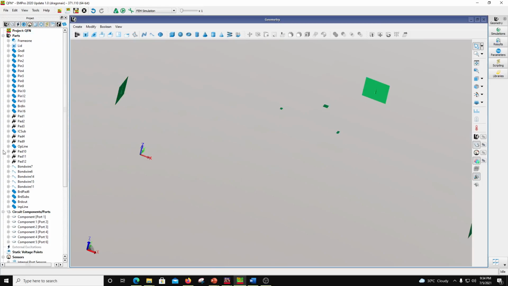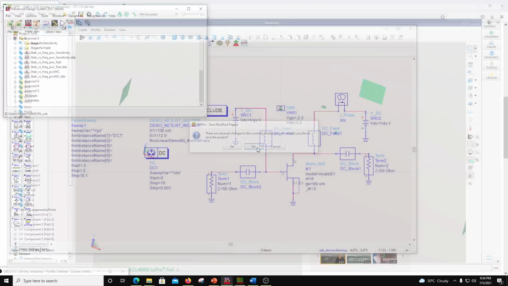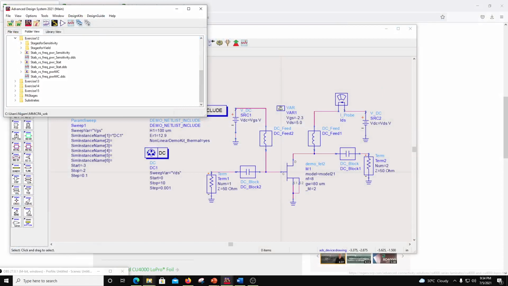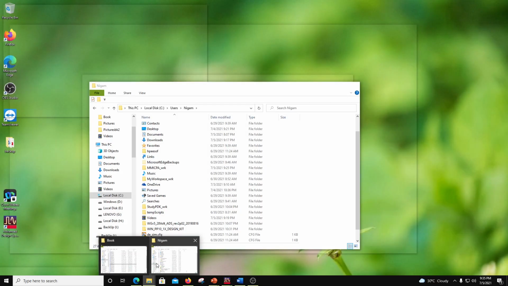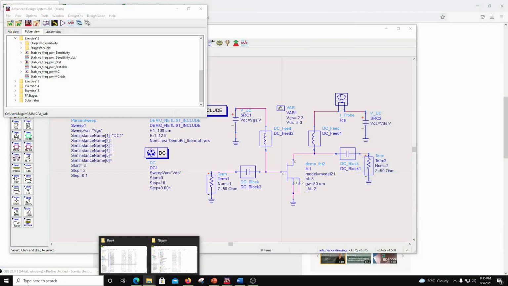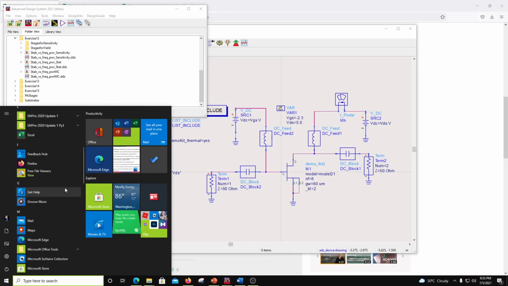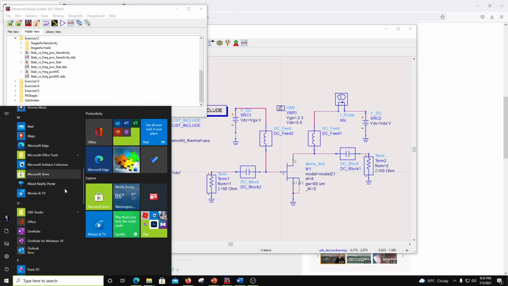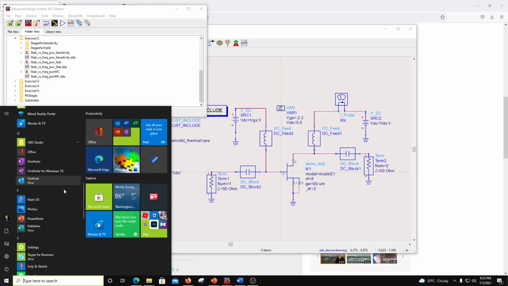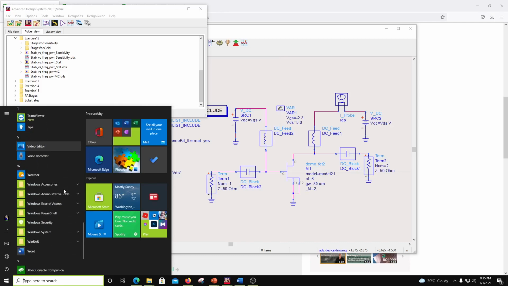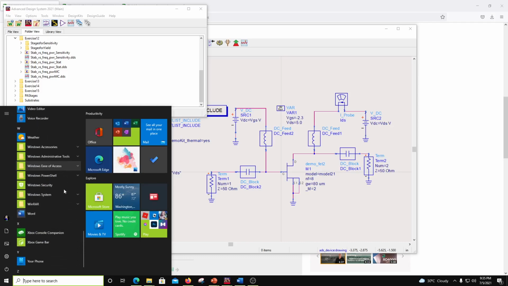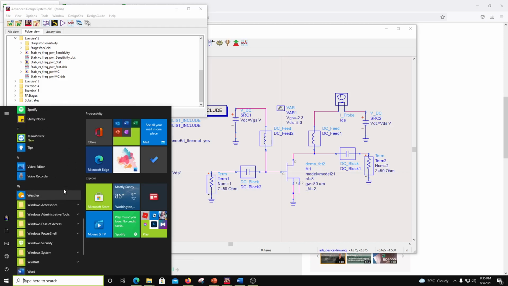Okay, let me see what happened. Okay, let me close this and open this again. Okay, so don't worry about that. So the thing to look at is what EM simulation does for a circuit designer.